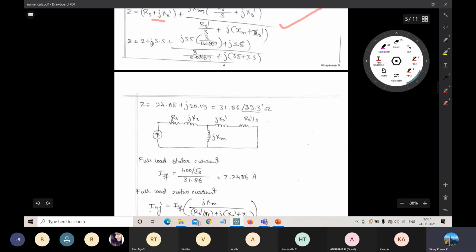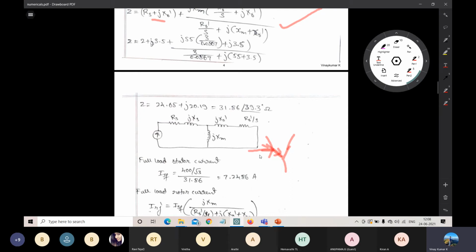Okay, so full load stator current. In the problem he has mentioned star connected, 3 phase. Got it?